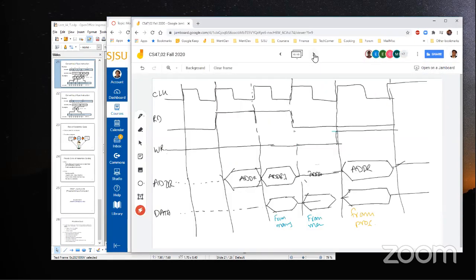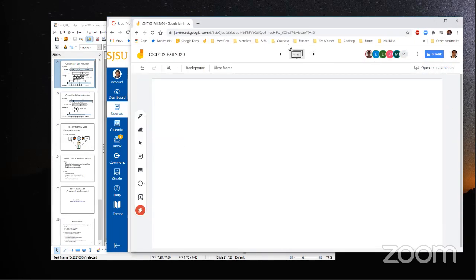Let's say I have a machine code like this one. How in the world do we know what instruction this is? So what shall we do in this process?